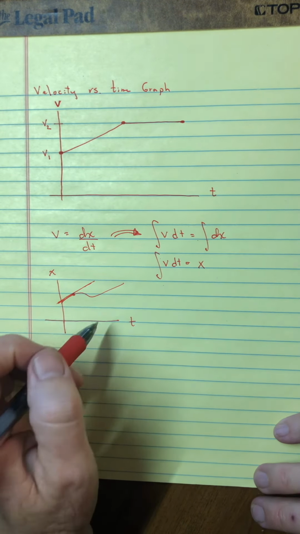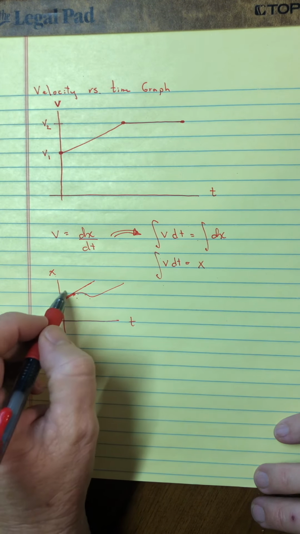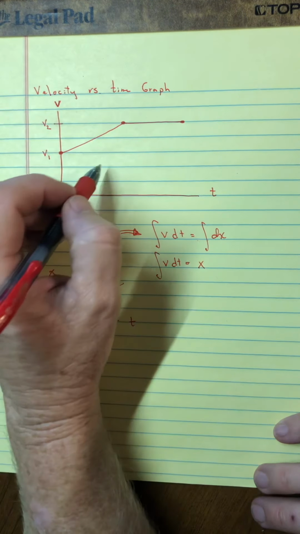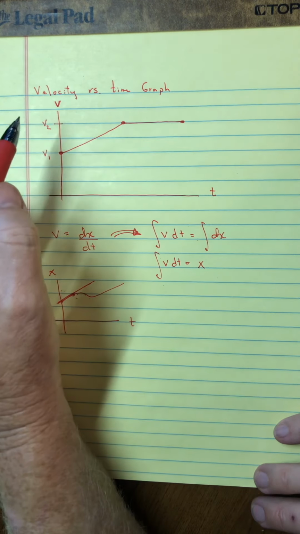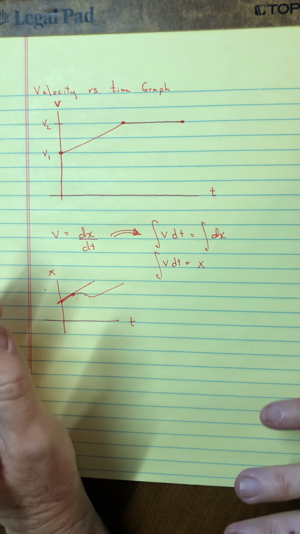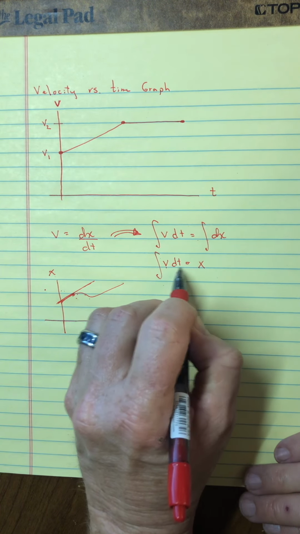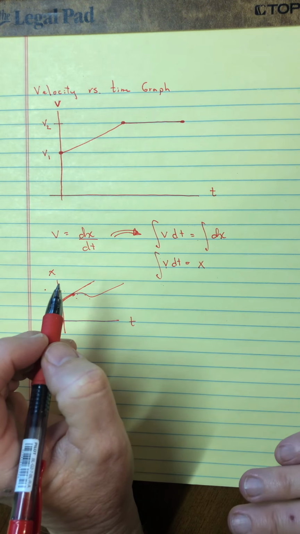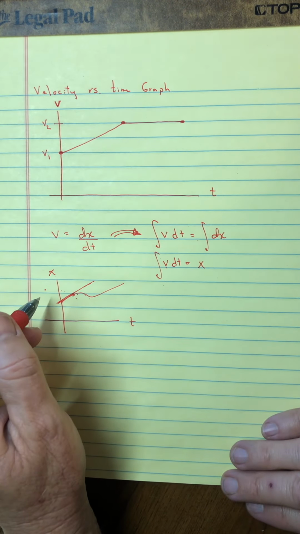So looking at a graph of position versus time, you could get its velocity from its slope. But we don't have a graph of position versus time. We have a graph of velocity versus time. And this is saying that the integral of velocity over time gives you the position. What that means is the area under the curve.